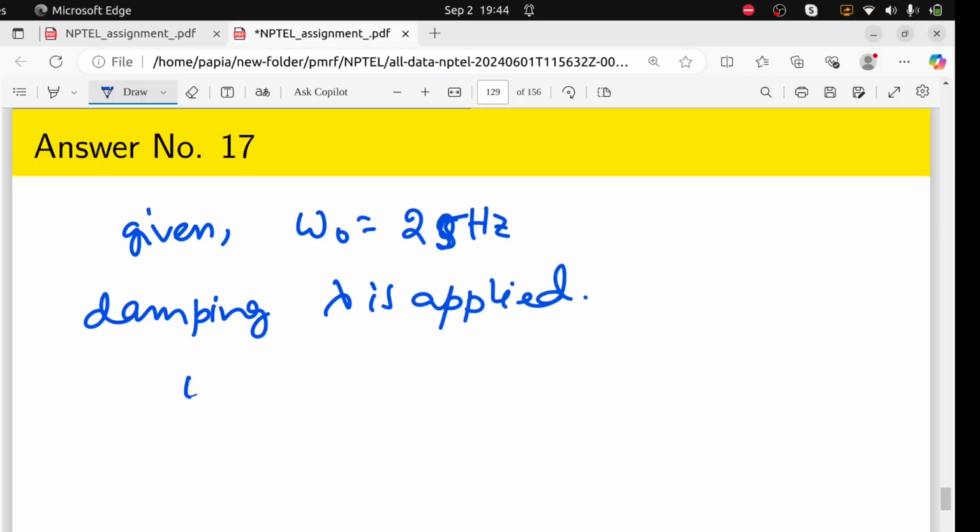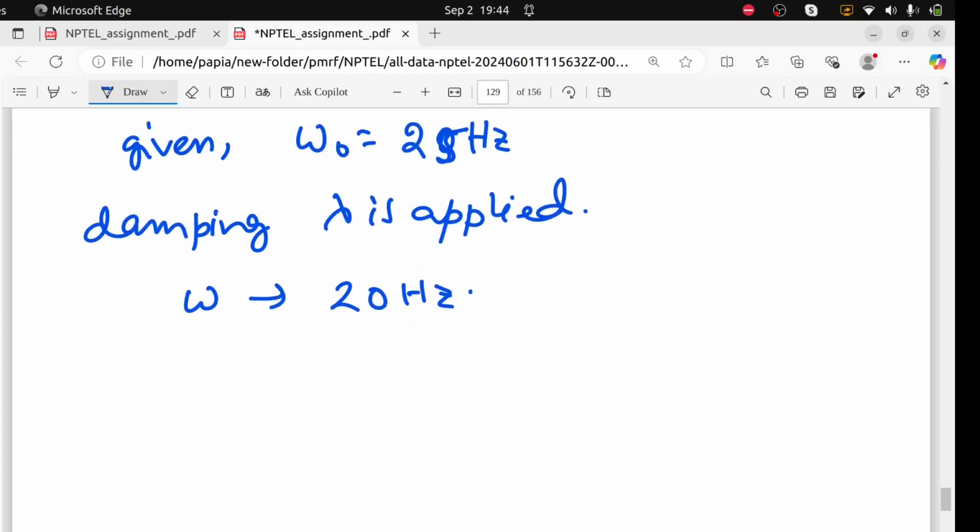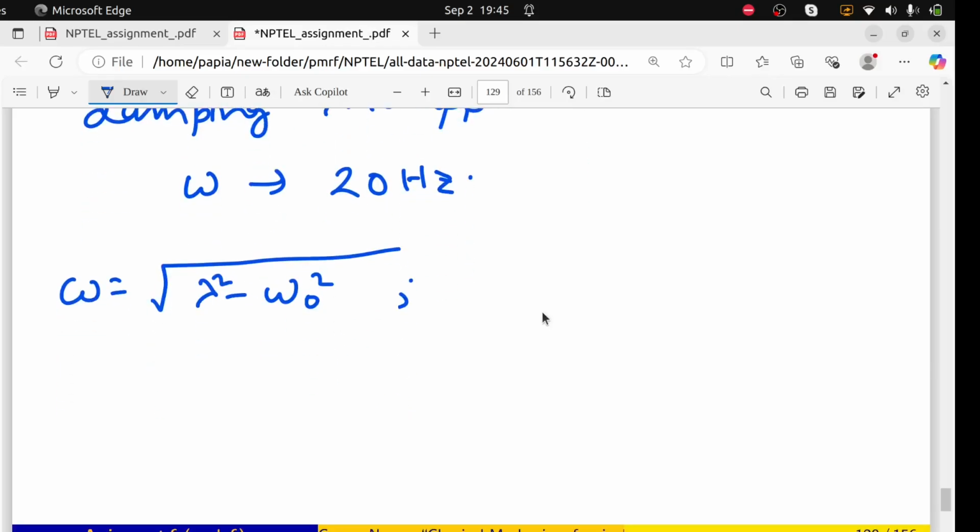So now our omega becomes 20 Hz. So here basically our omega is root over lambda square minus omega 0 square, as we can see in the equation as well. So now I can have the value of lambda from there.